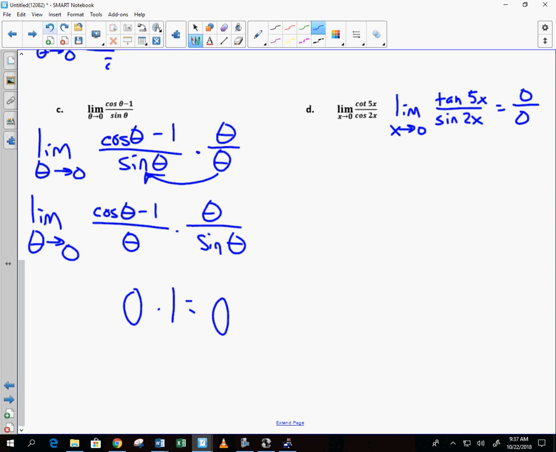Now, I have this sine of 2x in the denominator, but the tangent of 5x, I think there might be something useful I can do there. So what I'm going to do is the limit as x goes to 0 of sine of 5x over cosine of 5x over sine of 2x over 1.